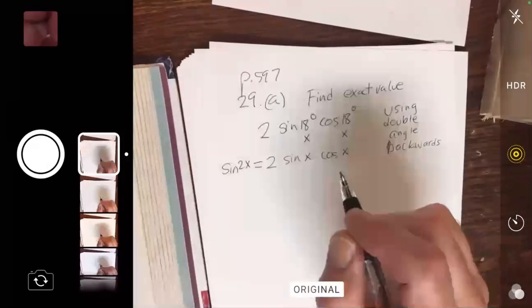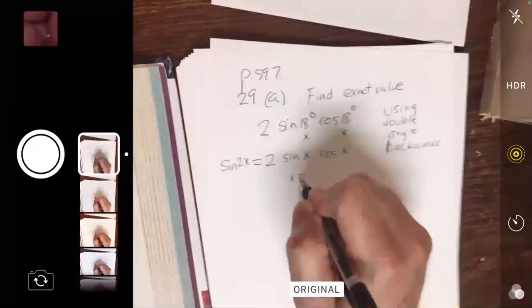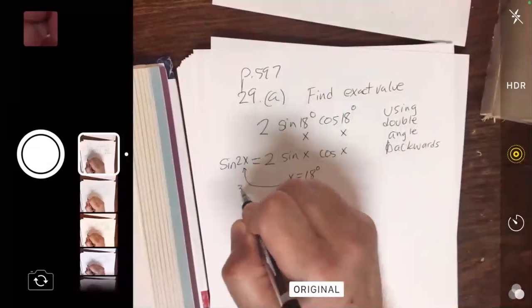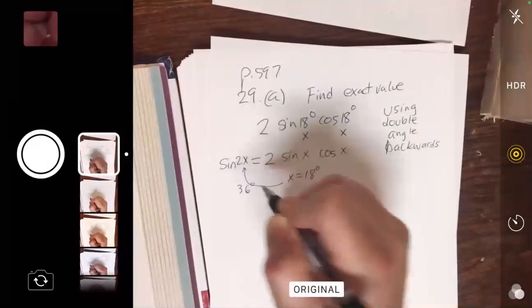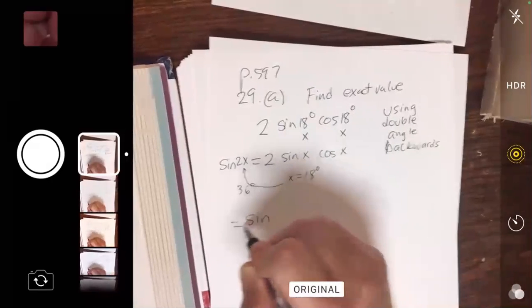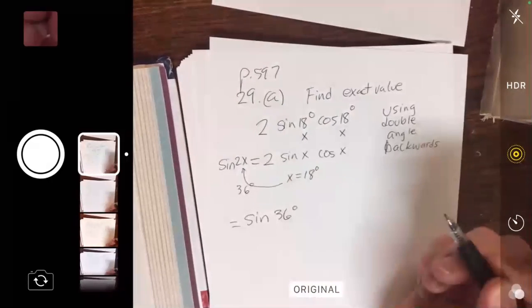So that means your x is 18 degrees. This must be 2x, 36 degrees. So this equals the sine of 36 degrees.